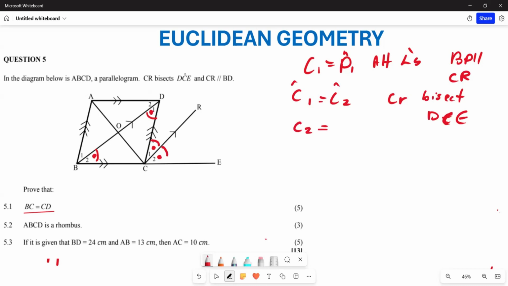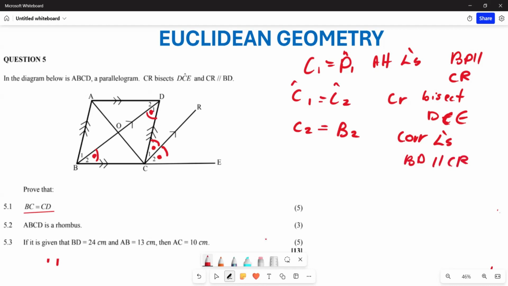Now, I want you to also look at angle C2. Your angle C2 is exactly the same as your B2, because these are corresponding angles. Your C2 is close to your B2, which makes them corresponding angles, because again your BD is parallel to what? To CR.